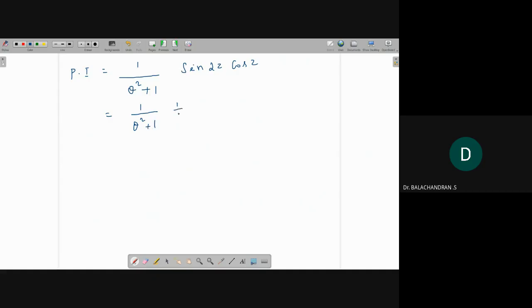So 1 by 2 into sine of A plus B, it is 3z, plus sine of A minus B. So now this is equal to 1 by 2 into 1 by theta square plus 1 into sine 3z, plus 1 by 2 into 1 by theta square plus 1 into sine z.